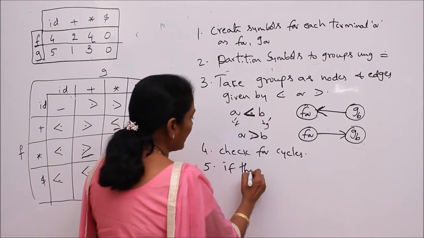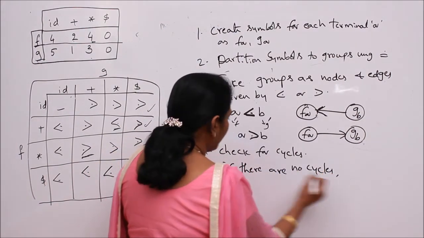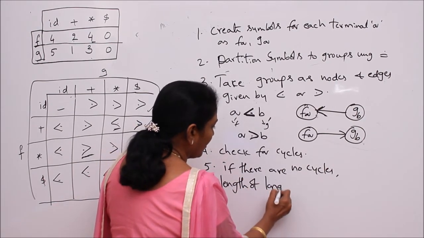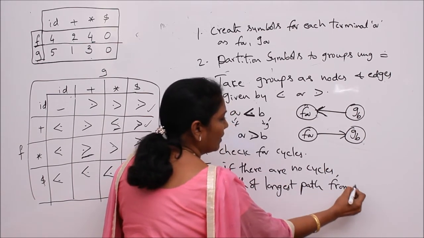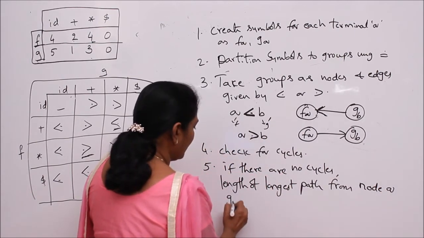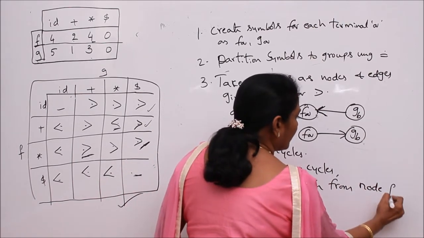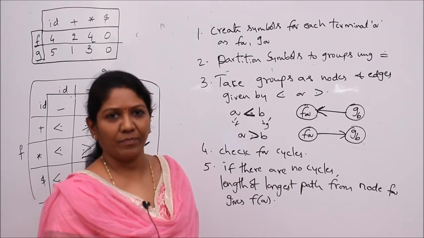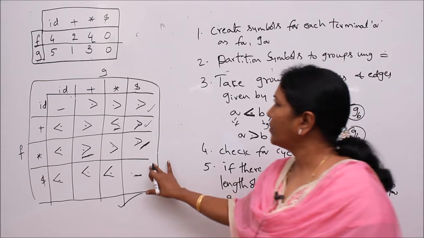If there are no cycles, the length of the longest path from node FA gives the corresponding entity f of A. So this is the simple procedure for converting a relation table to a function table.